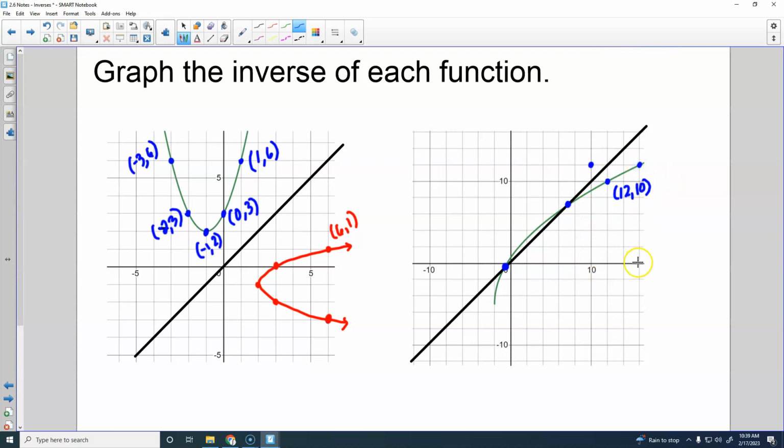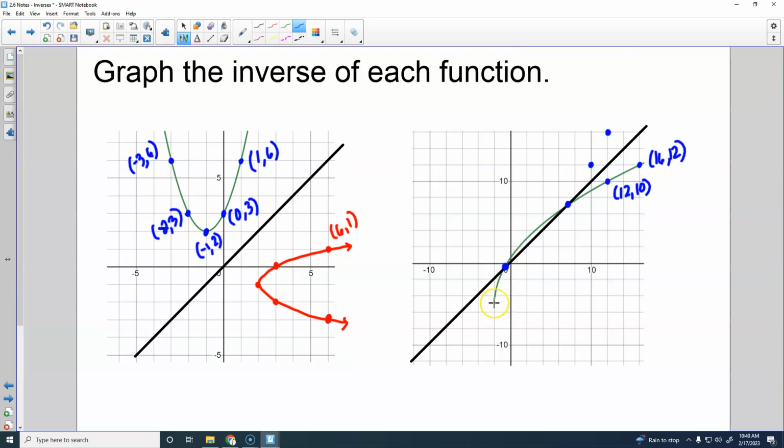This point right here would be 16, 14, so I'd be looking at 14, 16, which is going to go, hold on, that doesn't look right. That's 16, 12. So 16, 12 would be 12, 16, which would be right here. That looks better.